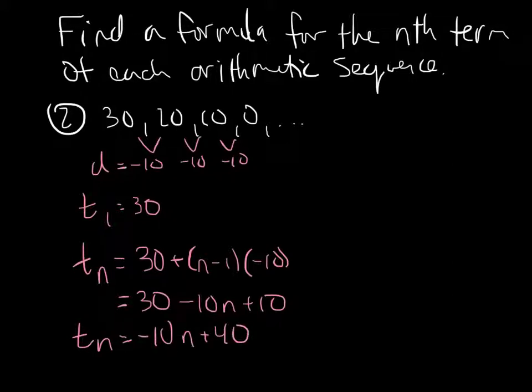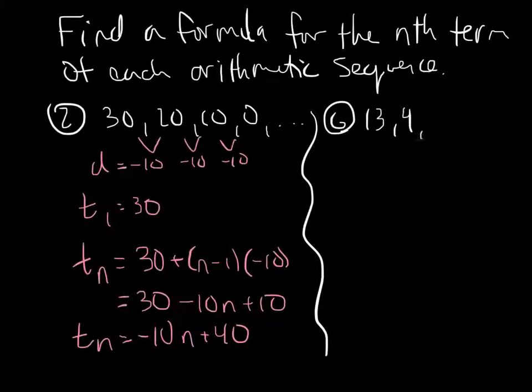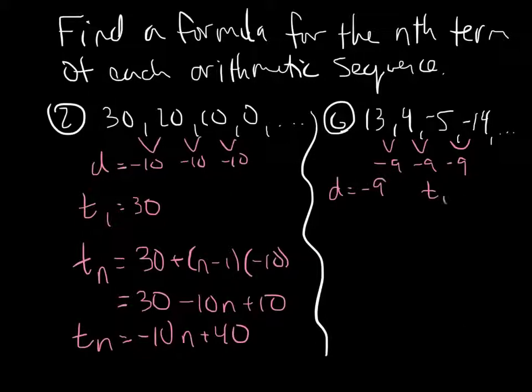We'll do the same thing for the next one. This is 6. We want to do 13, 4, negative 5, and negative 14, dot, dot, dot. We know it's arithmetic because they told us it's arithmetic. In each case, we are subtracting 9, so we get a common difference, d is equal to negative 9. T sub 1 is our first term, that's 13.